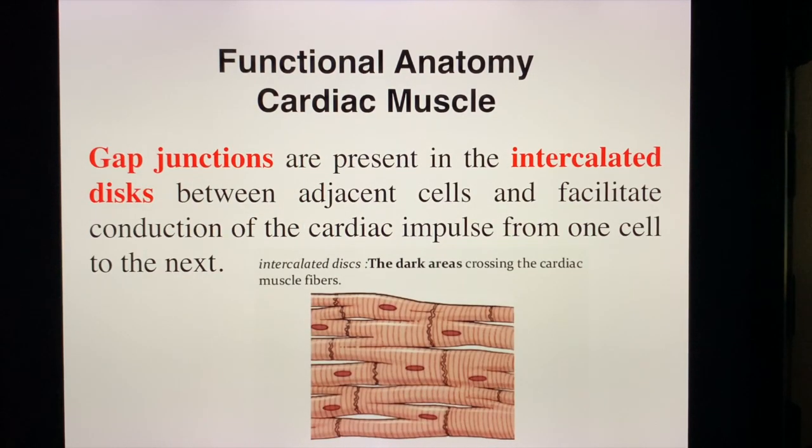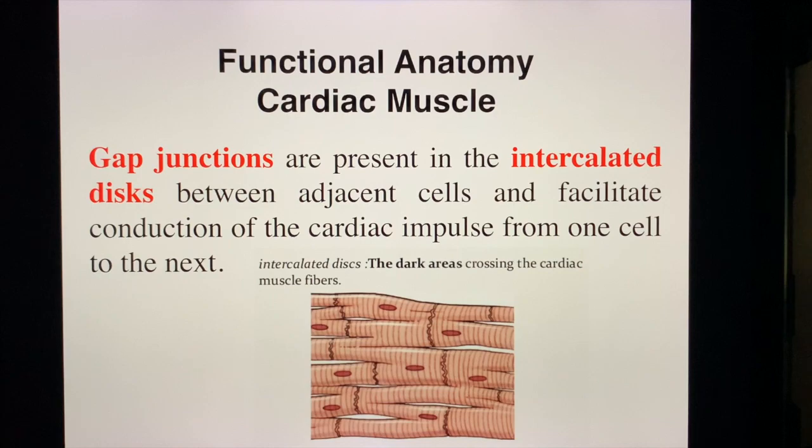Now, something very important which you find in the cardiac muscle is the presence of your intercalated disc. If you look at this illustration below, these dark areas which cross the cardiac muscle fibers are known as intercalated discs.